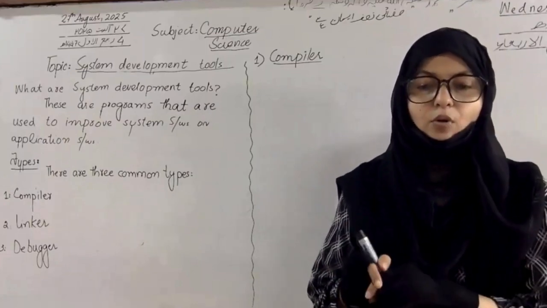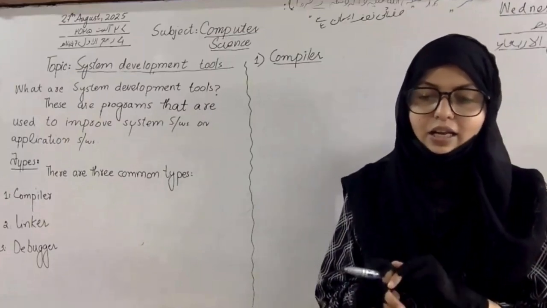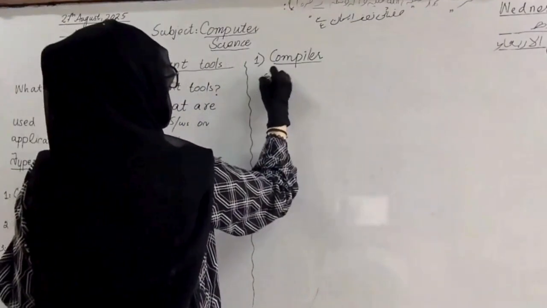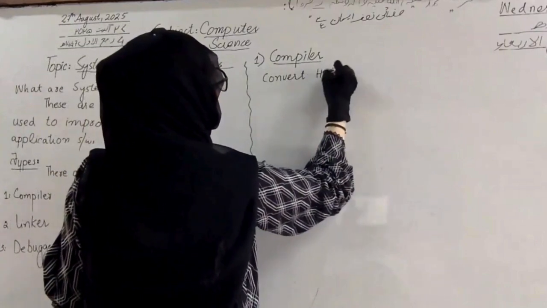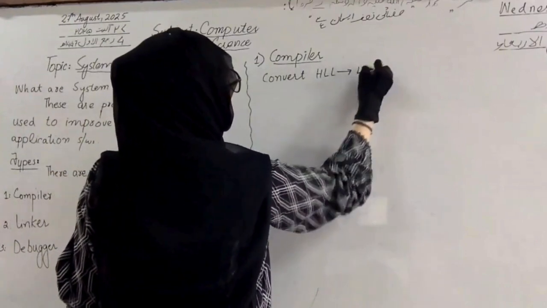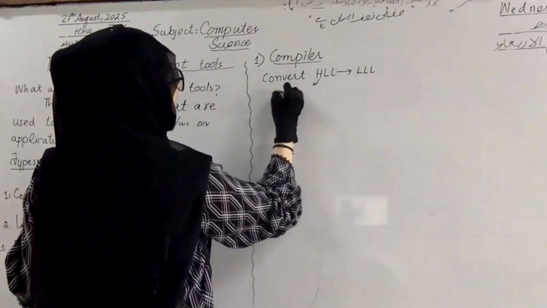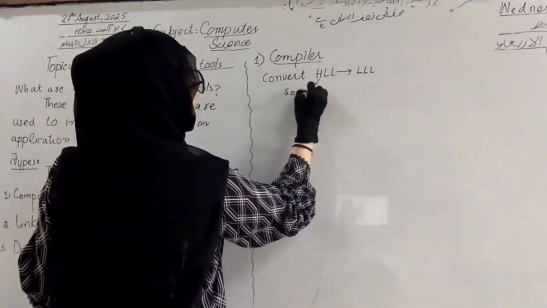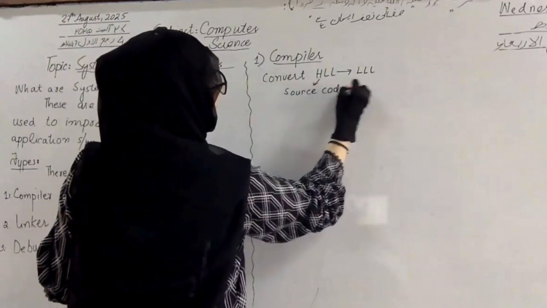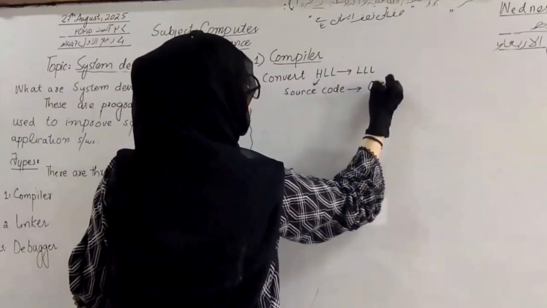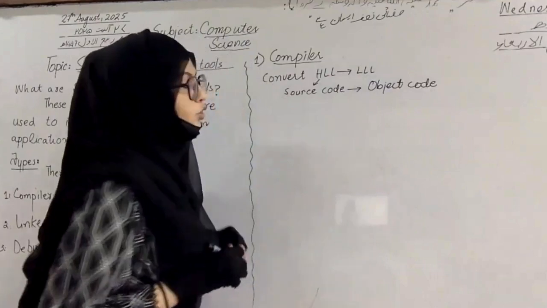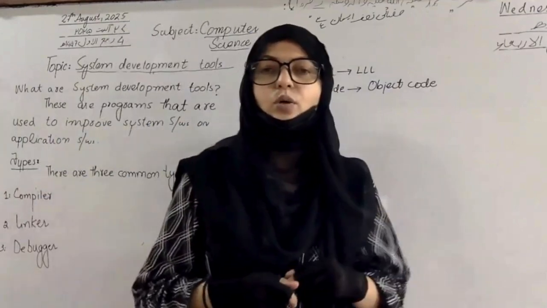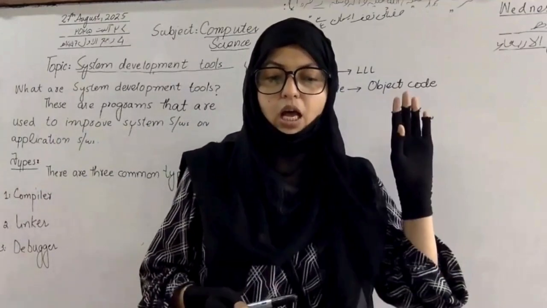So it's a program that converts high level language into low level language, or you can say source code into object code. So a compiler is used to convert the source code into the object code.